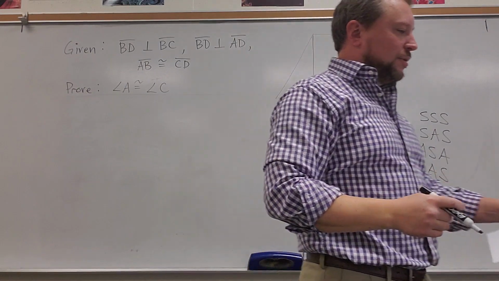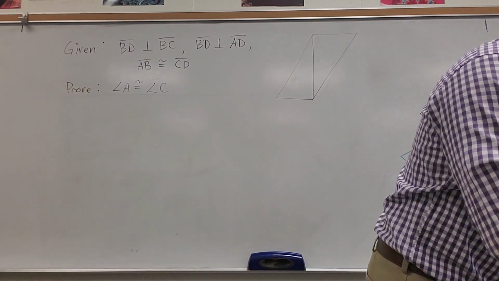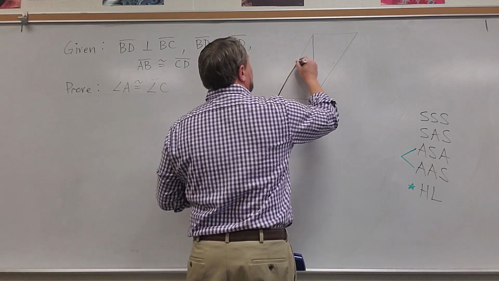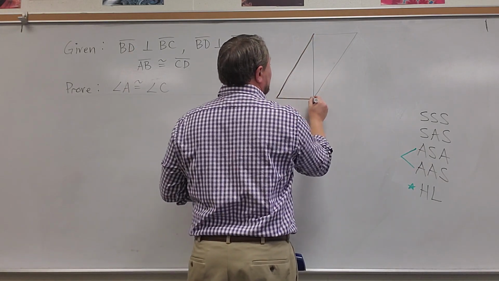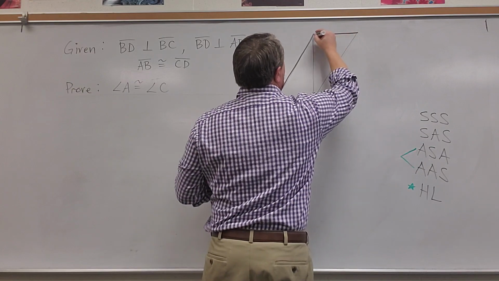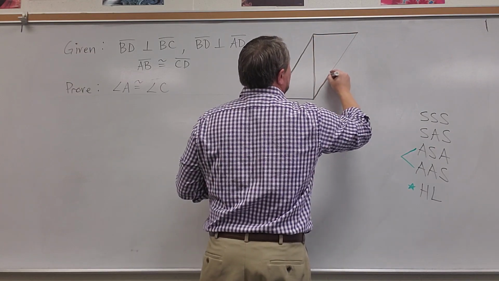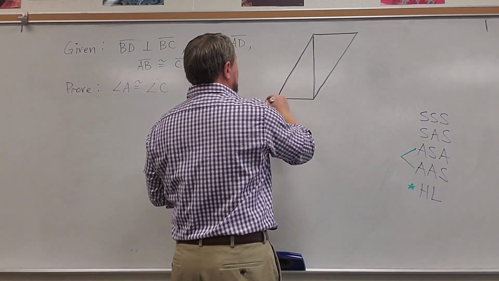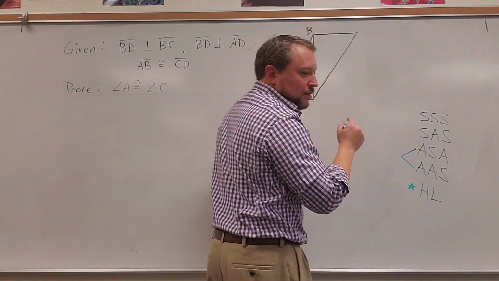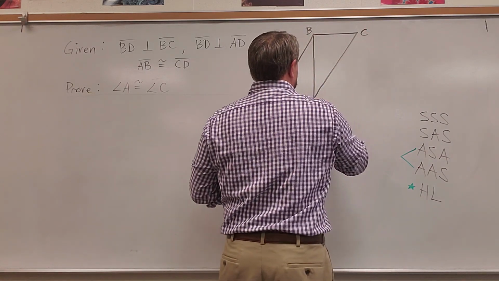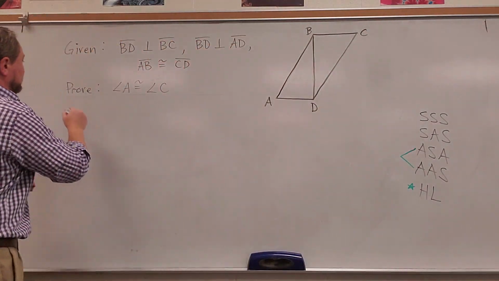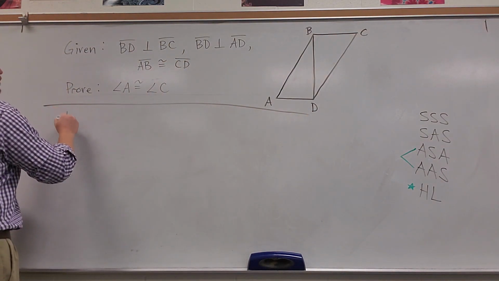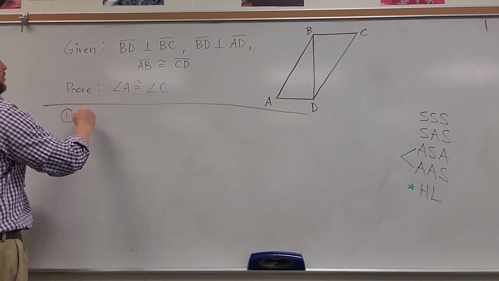Okay, here's our picture that we're using for this one. My markers are getting a little weak here. There we go. That looks better. And let's see. This is A. Here's B. C here. D here. Copy our given.